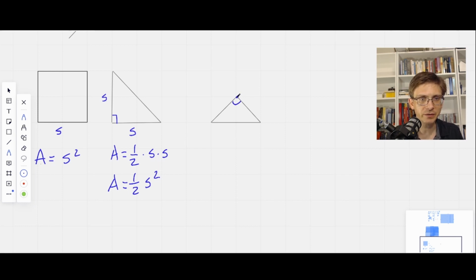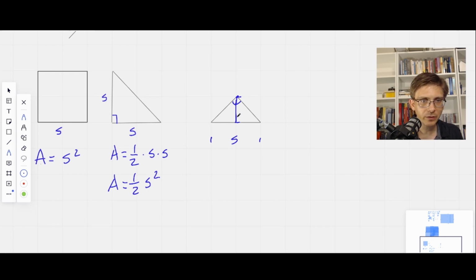Like the first thing is if I drop down the altitude here in this triangle, then the altitude also acts as the median. So it cuts the base into 2 equal parts. So I'm going to call the base of this triangle S. And what I need is the height of this triangle. So I need the length of this line right here.